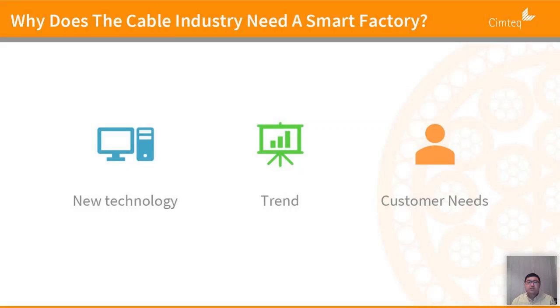I've been talking to quite a few of my clients or prospects, and they're saying, if I want to have this Industry 4.0 standard cable factory, I want a smart cable factory, how are we planning to do it, and we share opinions with each other. And when I ask them the reason, there are a few reasons.